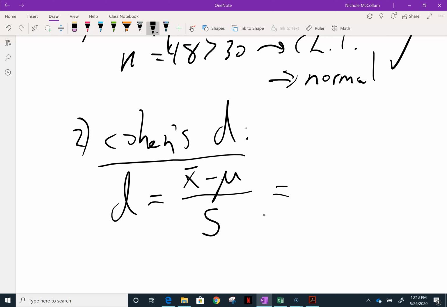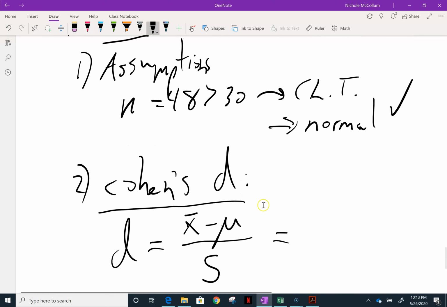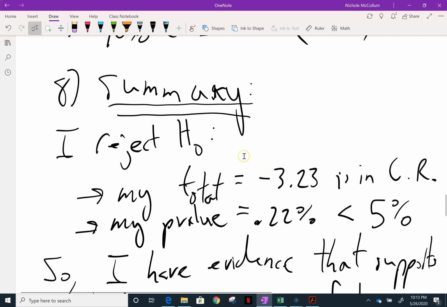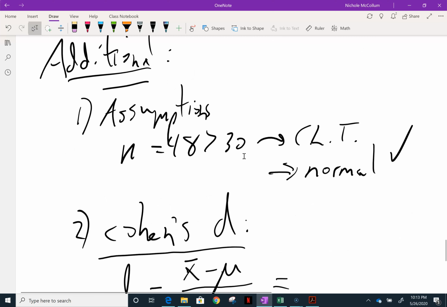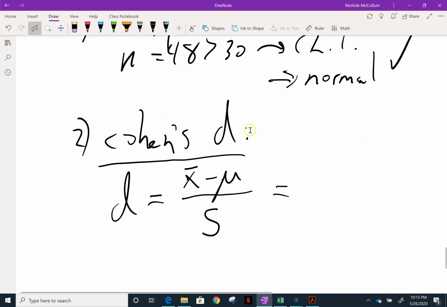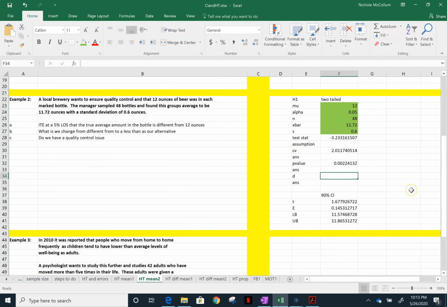And you can add this as an additional in your commentary, right? This is your summary commentary. And you can add in your commentary, hey, I checked my assumptions. Normality t-distribution is good. I checked in the Cohen's d, yes or no, sample size could be a problem. So let's check it out. Cohen's d. And let's automate it. So if we change the numbers in green, we can just quickly look at the new conclusions.